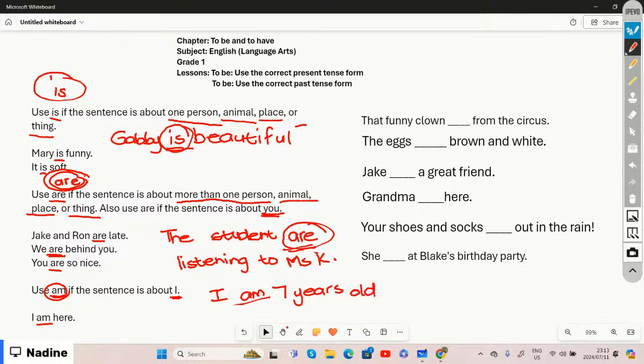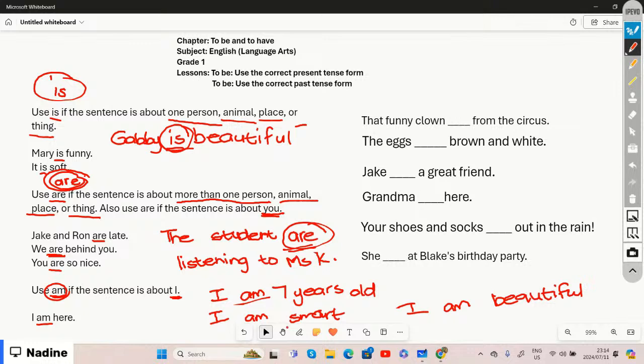So I am 7 years old, I am 6 years old, I am smart, right? I am beautiful, right? So that is how we use am.